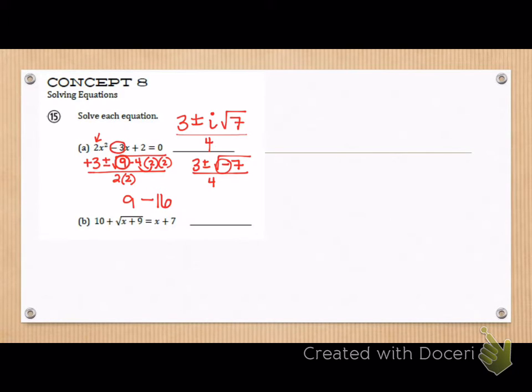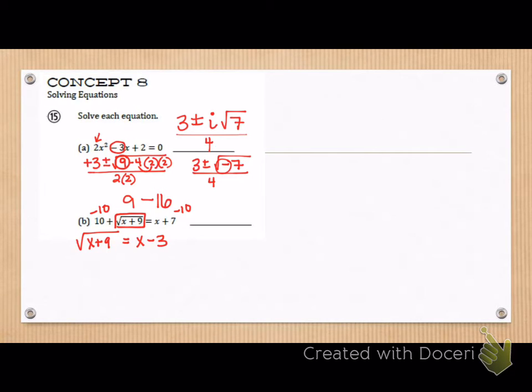For this one here is a little bit different. I see a square root, and so if I can get that isolated, then I can undo the square root. So it looks like I would need to move the 10 over. And so I'll get x minus 3 when I do that by negative 10 and negative 10.